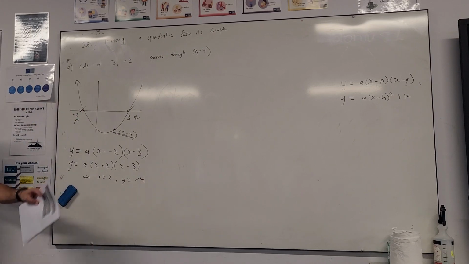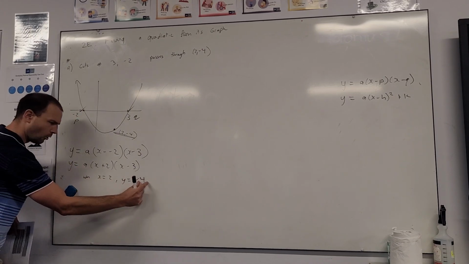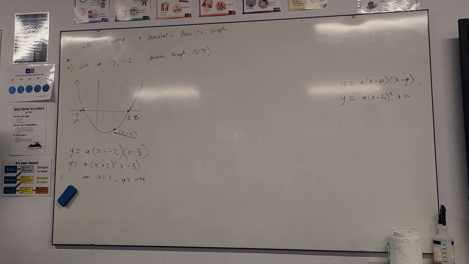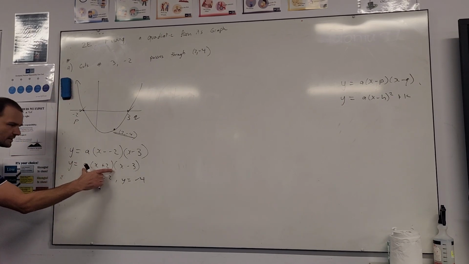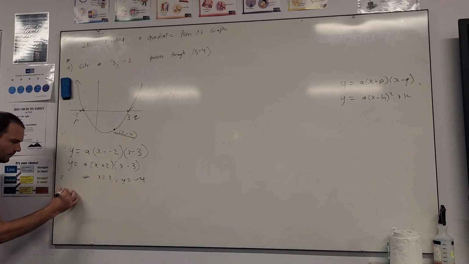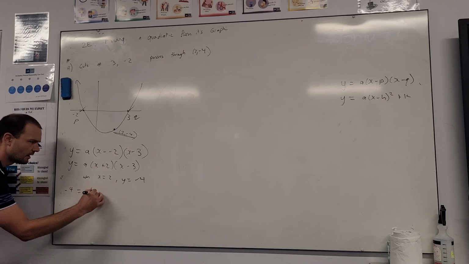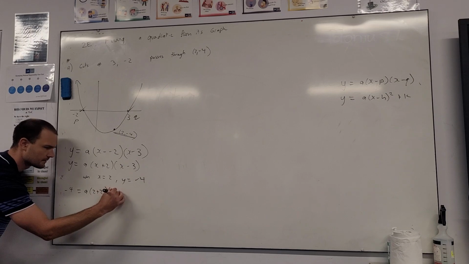And so we're going to sub that in. We're going to put minus 4 where the y is and positive 2 where the x is. All right, so I'm just going to restate what I've got up here, except I'm putting minus 4 where the y is and positive 2 where the x is.